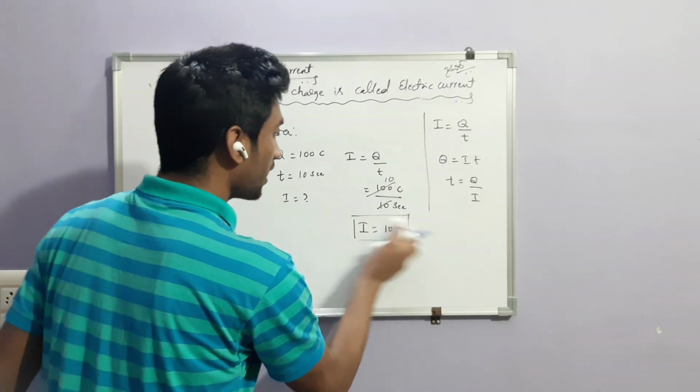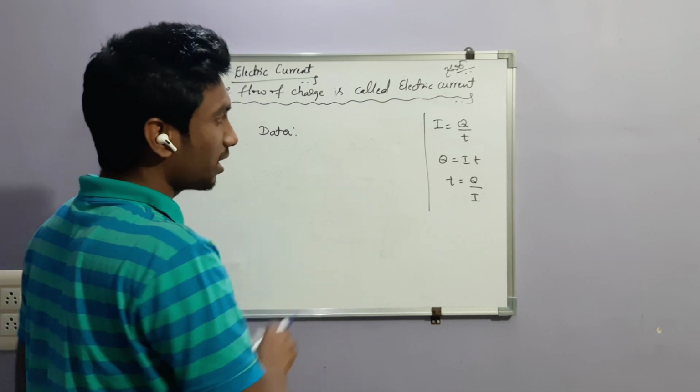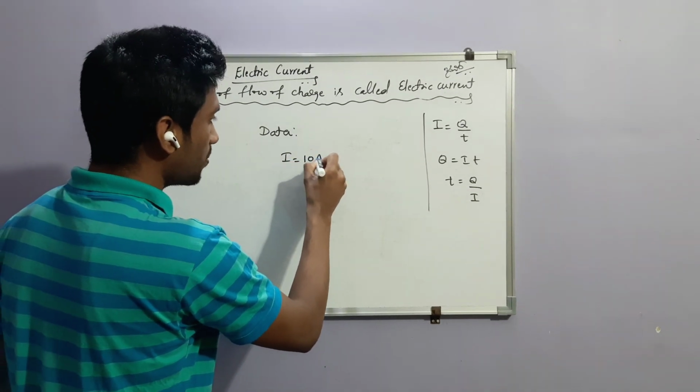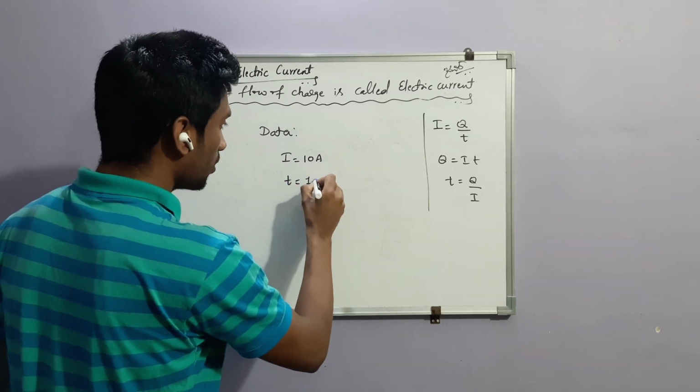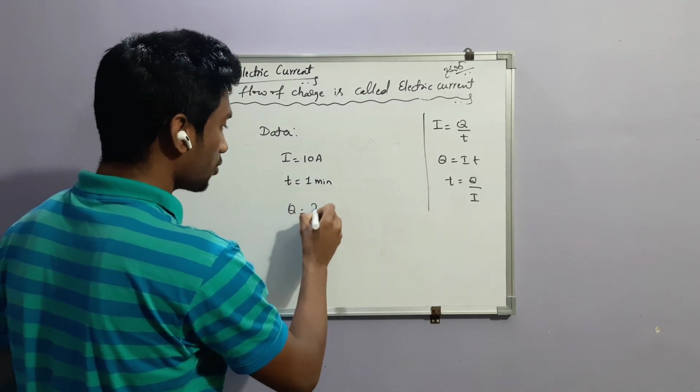Suppose they give the current. The data is given like this: current is equal to 10 amperes, and time is equal to 1 minute. Q is equal to question mark.